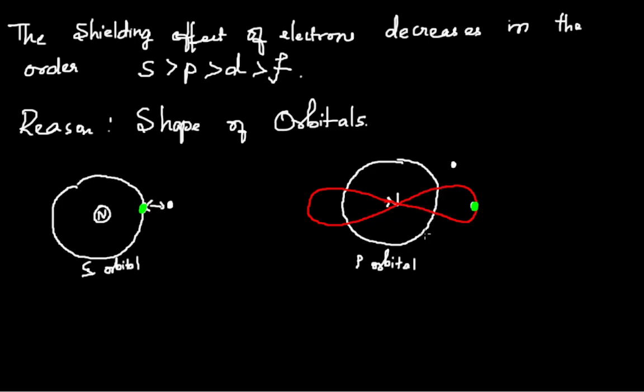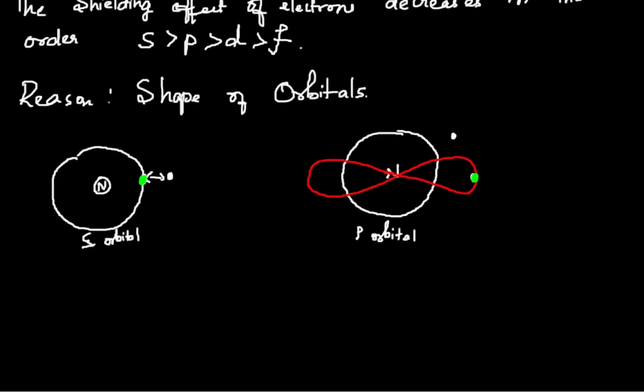The same goes with d orbitals, because d orbital is even more diffuse.